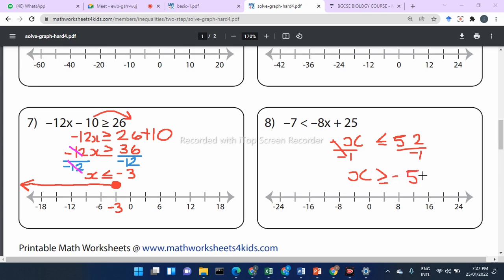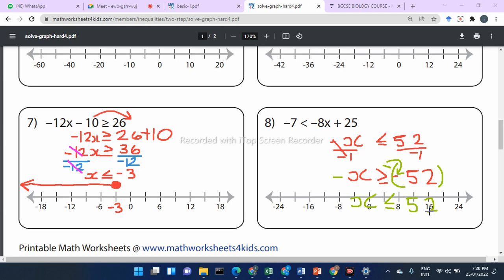Now, if you want to make it back into a positive, you multiply both sides by negative again. This negative along with this negative becomes a positive 52, and the sign would change, so it's back to x is less than 52.